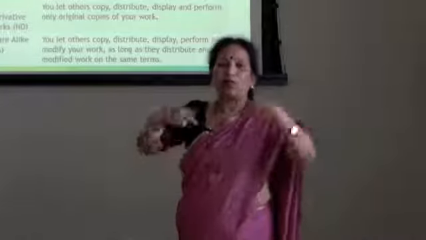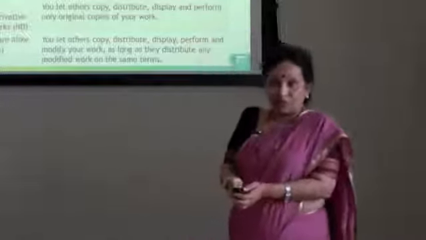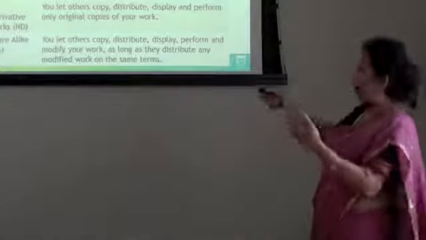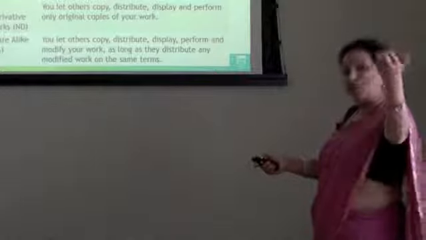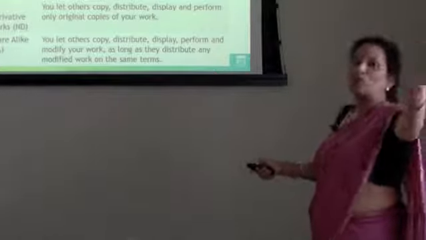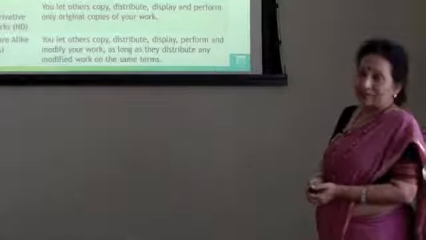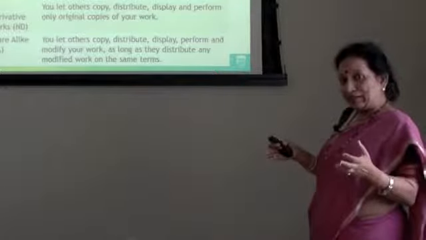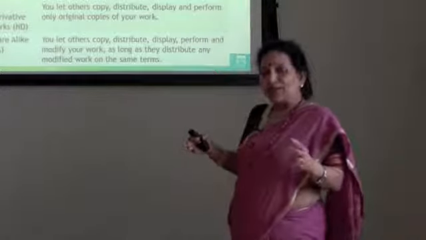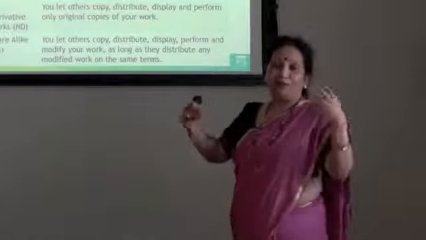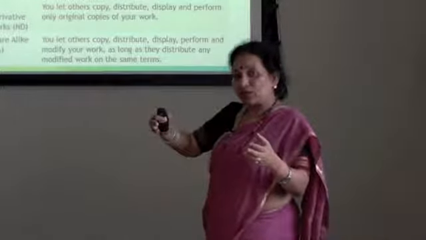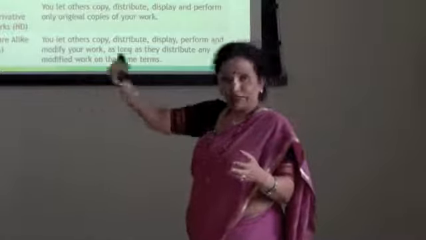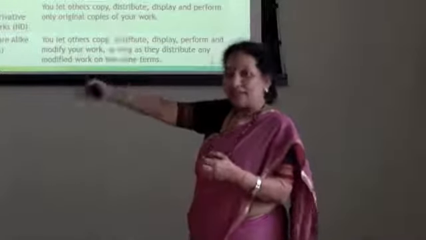So their work would also have to be such that it can be copied, distributed, displayed by others, but the third set of people would also have to have an SA license. What does this really mean? The implication of this is that you're creating a whole wave of derivatives where people who keep on modifying this work also share it alike with other people, who then create another derivative.